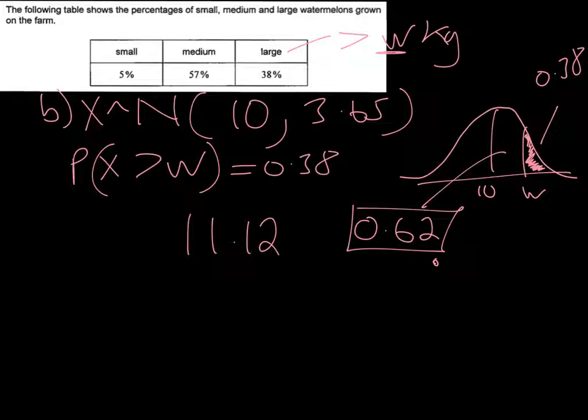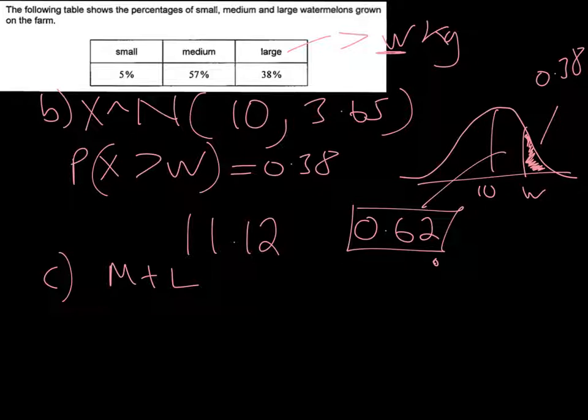Relative to parts A and B, part C was fairly straightforward, and this was the one that a lot of people picked up on even if they didn't get any other points from this question. We are told that all of the medium and large watermelons are delivered to the grocer, and the grocer selects a watermelon at random from this delivery. Find the probability that it is medium.